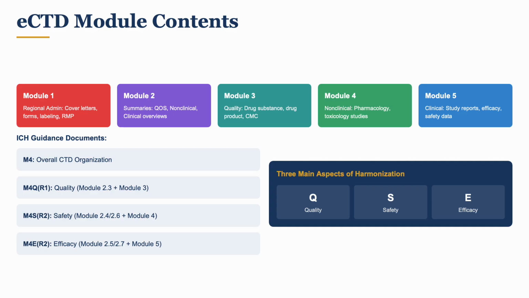Four main ICH guidelines govern the CTD: M4 for overall organization, M4Q for quality content, M4S for safety content, and M4E for efficacy content. You'll become very familiar with these documents as you work in regulatory affairs. The three main aspects of harmonization: quality, safety, and efficacy form the foundation of the entire system.